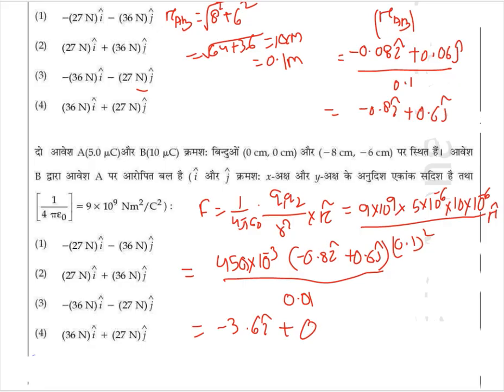If I multiply 45 with 6, it will become 27, so 2.7 j cap. So if I match with the options, it will be 3.6 I cap.